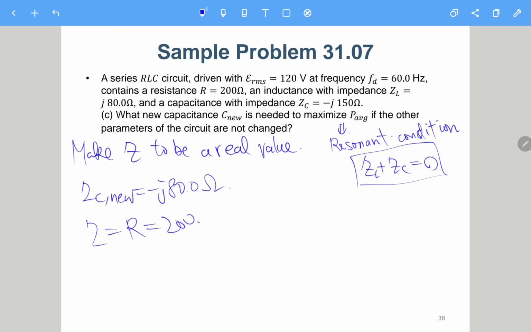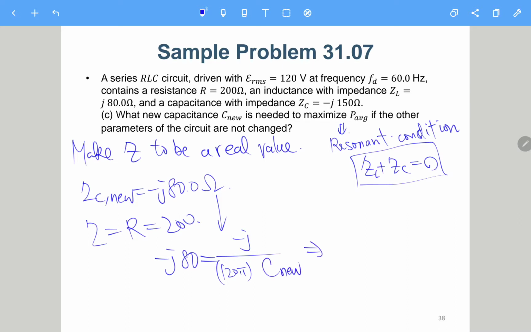So in that case, we can actually calculate the C value, which is minus J80 equals minus J over 120 pi times C new.